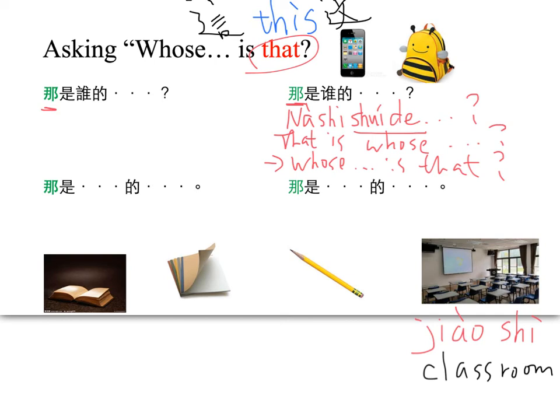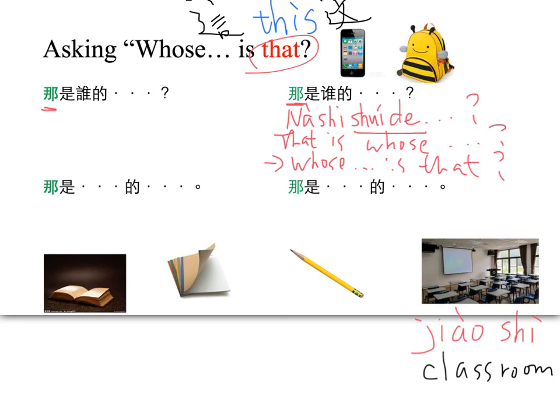So instead of saying whose, you want to say Steve Jobs, right? 那是 Steve Jobs 的手机。Okay, let's practice another one with 书包 backpack. 那是谁的书包？And that's 肖老师的书包.